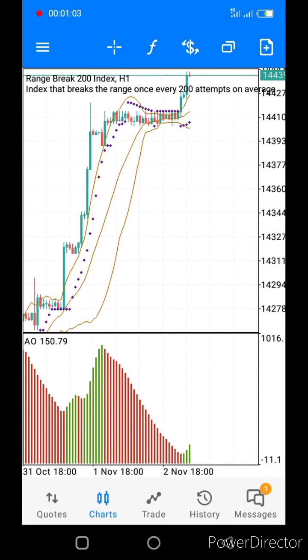The purpose of doing all these clips is for you to pick the one you are already familiar with, that you want to improve on, or when you test the strategy on all the assets like I've done, you will be able to pick the one that you like. So I'm here on Range Break 200.